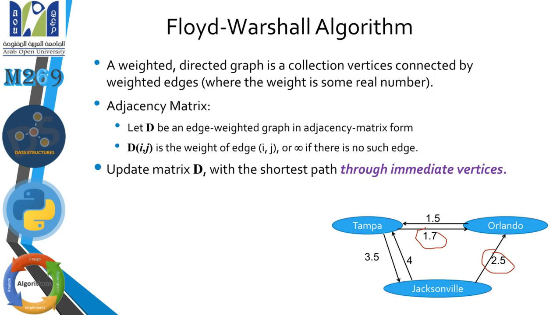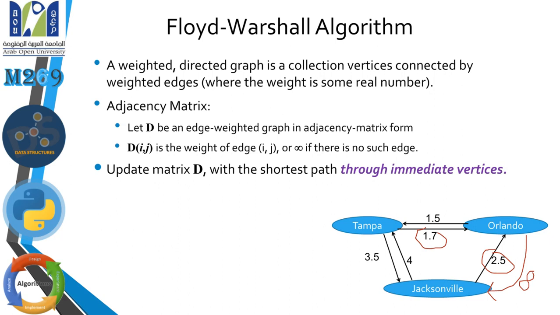If you can see here, we don't have a direct path from Orlando to Jacksonville, so in this case the weight is infinity. If there is no direct path between two vertices in the graph, we can label them with infinity, indicating that there is no edge between the two vertices.